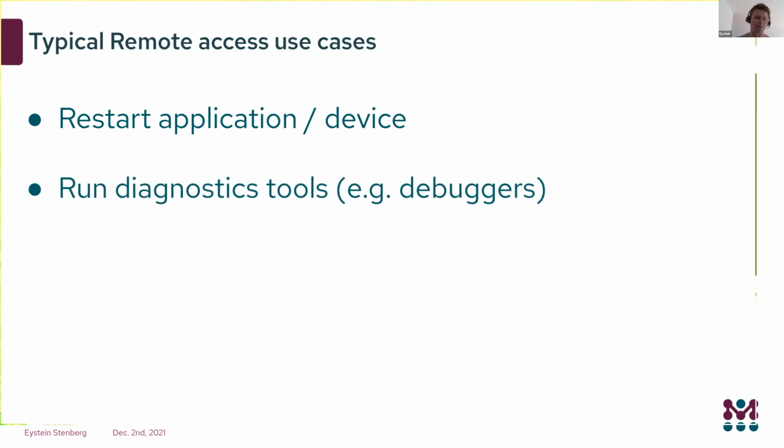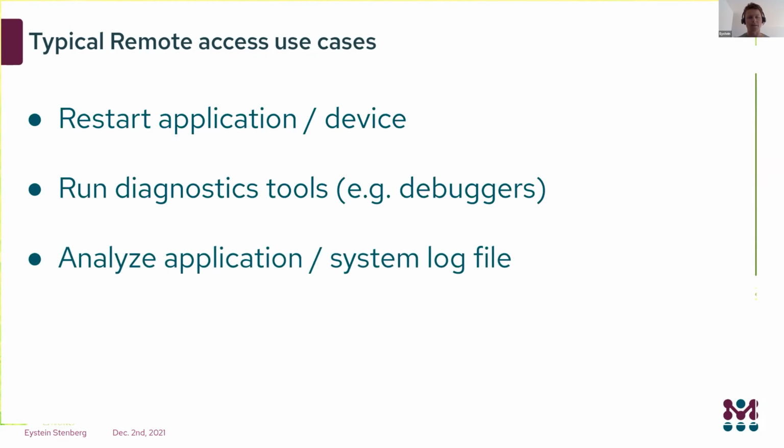And you would like to run some diagnostics tools to investigate further, maybe some debug tools, and analyze applications and system log files, kernel logs, or syslog. Applications usually could be logging to systemd or some other service.